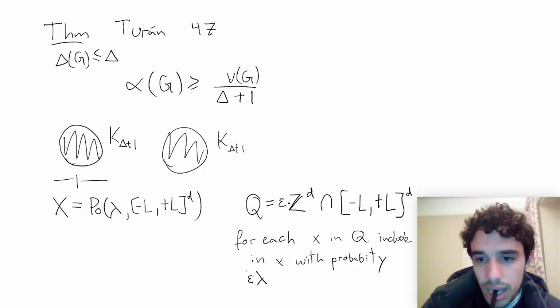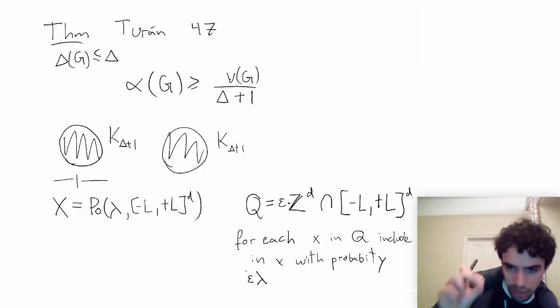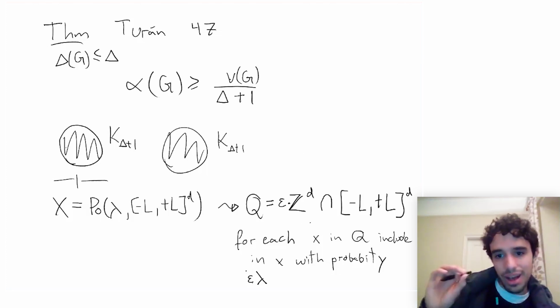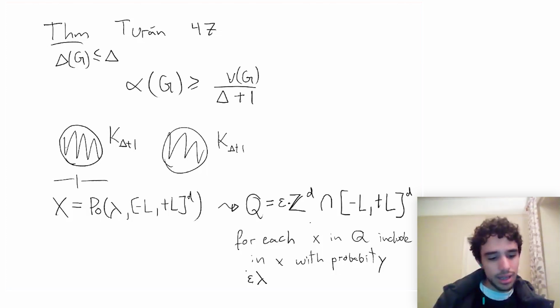Let me think. I basically just want to include each point in this lattice independently with the correct probability, so that the expected number of points in each ball of volume 1 will be approximately lambda.